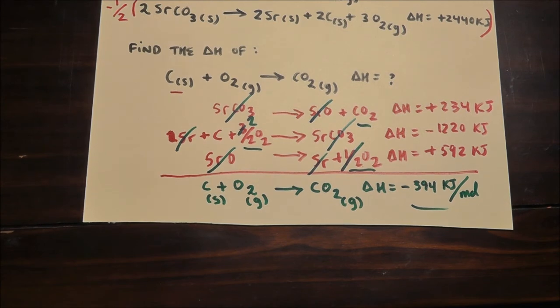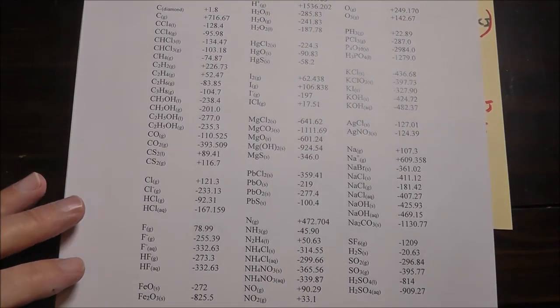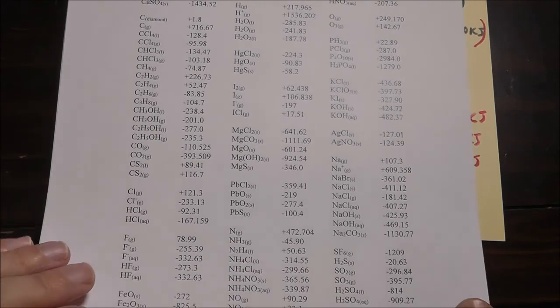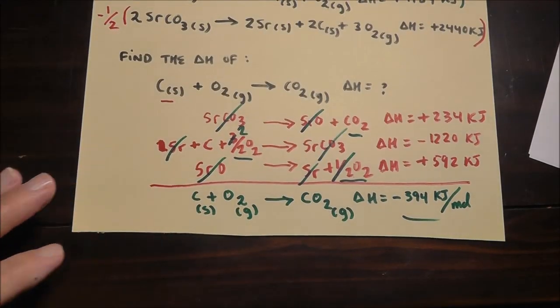We'll put this stuff in a calorimeter and do the reaction, if you can, and then measure the delta H. Or if you can't put it in a calorimeter, because a lot of these things aren't easily produced by just putting two reactants together and making that compound. A lot of these things on this table, folks, were figured out by Hess's Law.